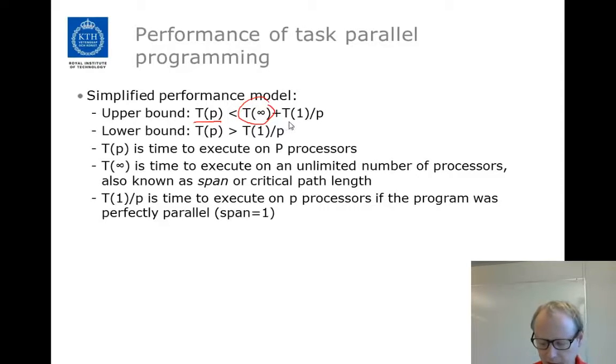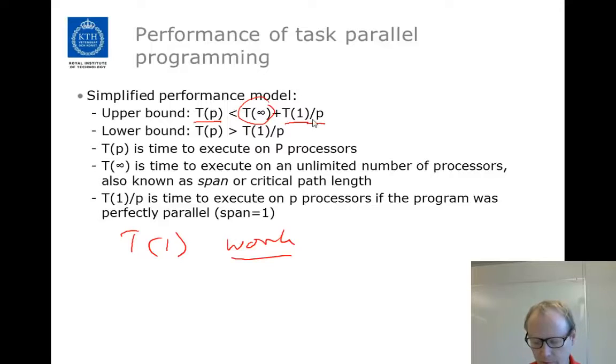And then you have T of 1, which is the execution time of the program on one processor. T of 1 is called the work of the program. This is the execution time on one processor, and T of 1, the work over P, is sort of the perfect speed up of the program.